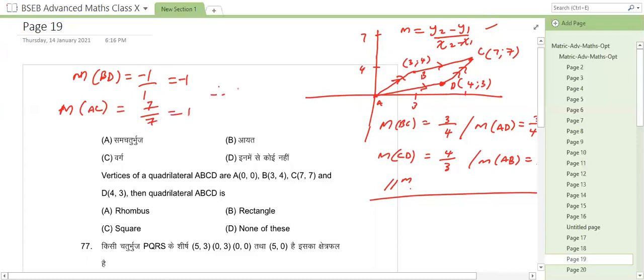Therefore BD is perpendicular to AC, since the gradients' product M1 times M2 is equal to -1. So it will be a rhombus. It cannot be a square because these lines are slanted, as we drew on the Cartesian plane.